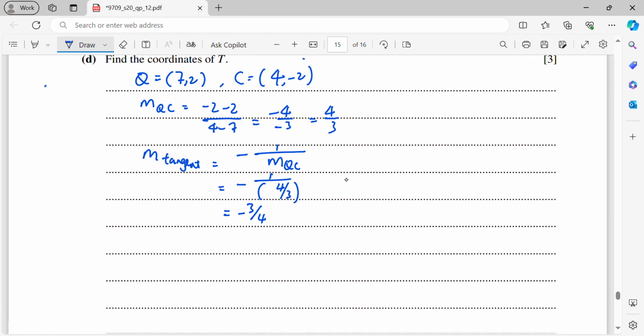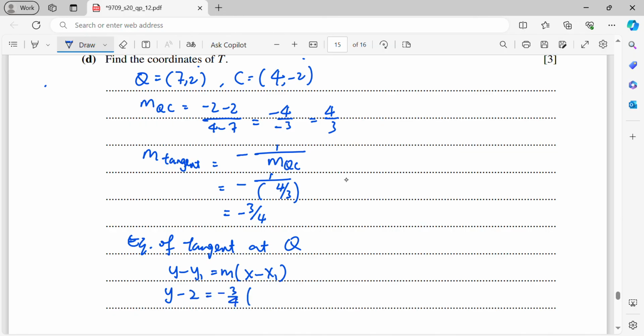Now, the equation of the tangent at Q. That is going to be y minus y1 equals m times x minus x1. So y minus 2 equals, the m is negative 3 over 4, times x minus 7.